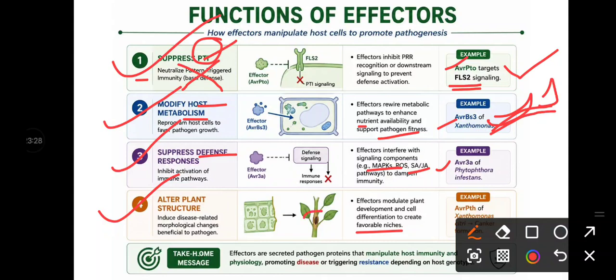These types of structures formed by the pathogen hamper plant growth, but create favorable niches for the pathogen. An example is AVR-PTH by Xanthomonas citri. Okay, so this is all about effector proteins.